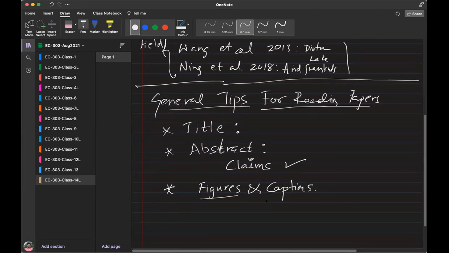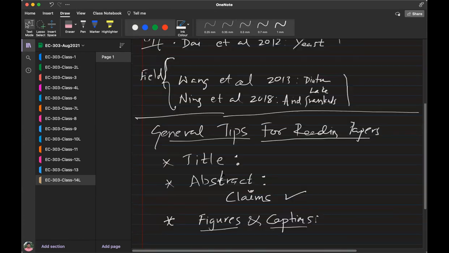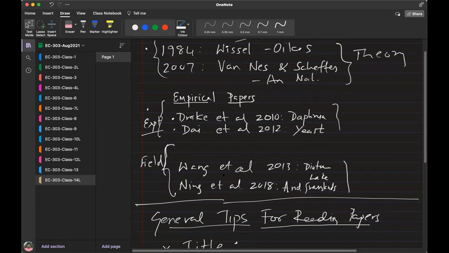Again, if the papers are well written, the figures together with the captions should be able to convey the story without you having to read anything else. Now that's not always possible, I fully understand. Sometimes it's also driven by journal styles. Some journals insist that the captions be very, very boring. In such cases, by reading captions, you will not gain much. But the papers that I'm suggesting, I think they're not like that.